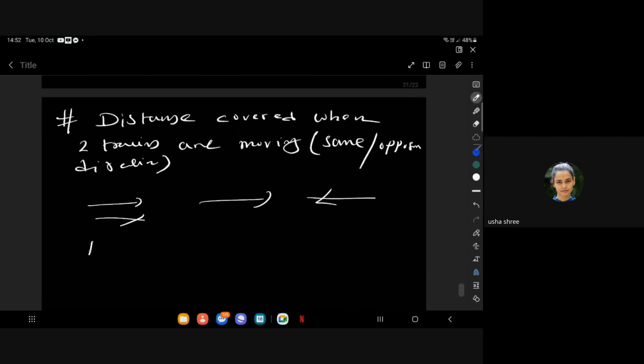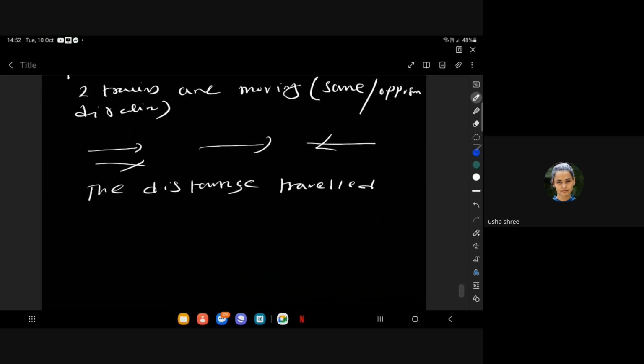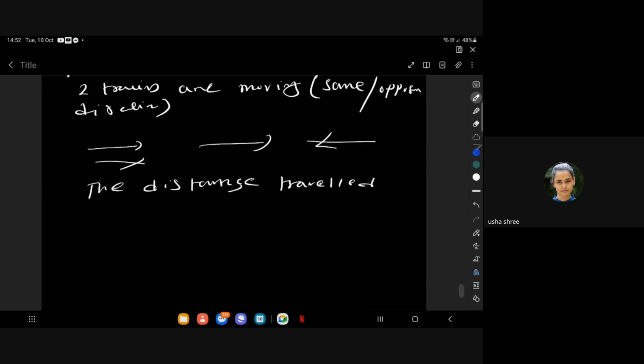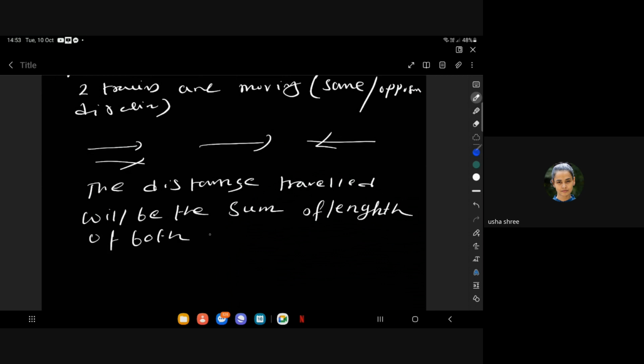The distance traveled will be the sum of the lengths of both trains.